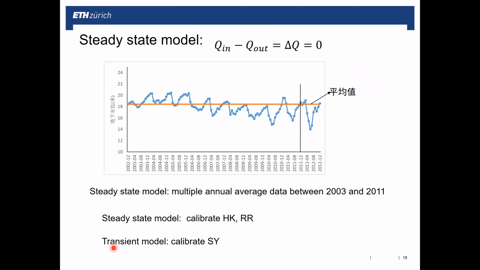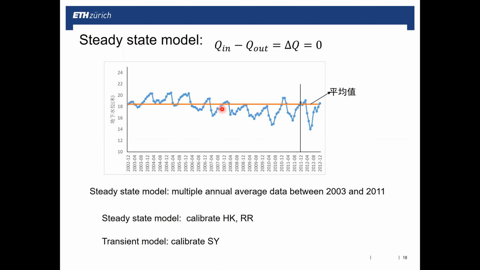Because we don't have the initial conditions, we want to find a period over which the average groundwater level should be as close as possible to our initial groundwater levels. Based on this, we need to find a period where we can assume that the inflows to the aquifer equal the outflows from the aquifer.